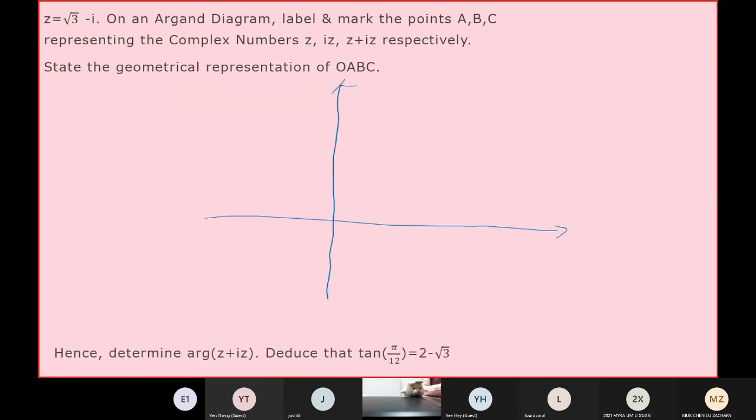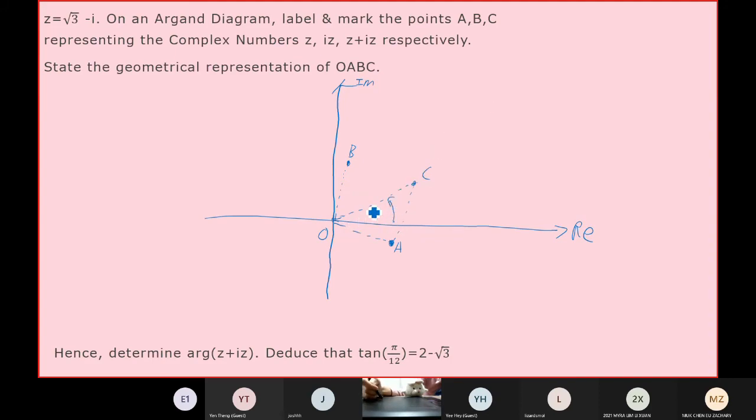Now, next part is: hence determine arg(z plus iz). So this is what we've gotten. Now we look at z plus iz, which is this complex number here. So first thing to do is draw across. You want to find this angle here. Is this difficult? No. Very simple.